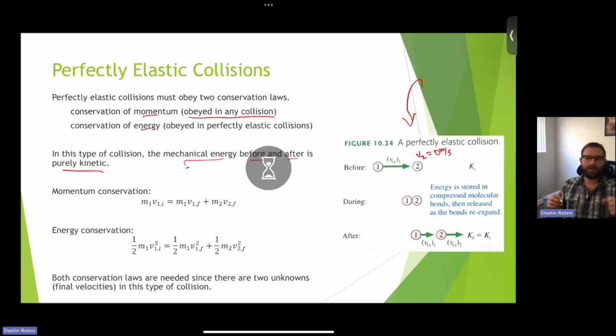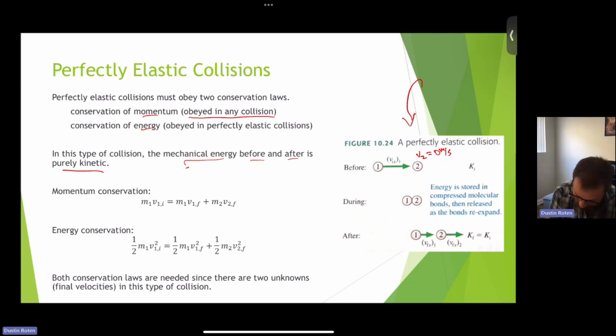Wow. Okay. So you'll notice that in the after, they both leave with two different velocities, purely kinetic energy. Now, again, we have momentum conservation and energy conservation going on. With momentum conservation, we have our initial stuff and our final stuff.